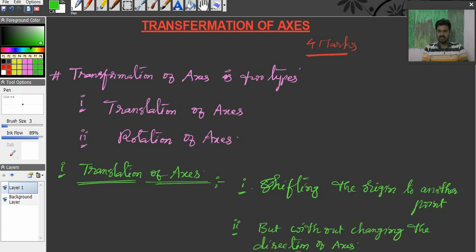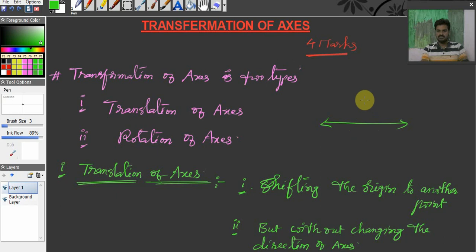direction of the axis. Direction of the axis means, suppose we have taken the x-axis in this direction, meaning left and right. Without changing the direction of this x-axis means we can't take the x-axis like that, because then the direction will be changed. So we can't take this type.